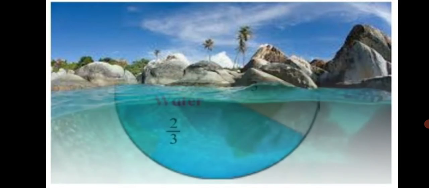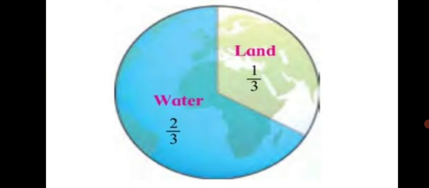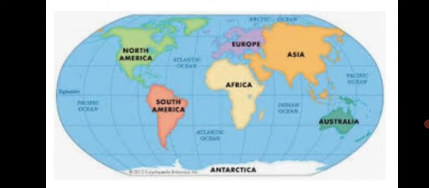So now we know that about a third of the surface of the earth consists of land. You can see in this one third of the portion of the earth is covered by land. A vast continuous stretch of land is called a continent. So there are a total of 7 continents. The land on the earth is divided into 7 continents.